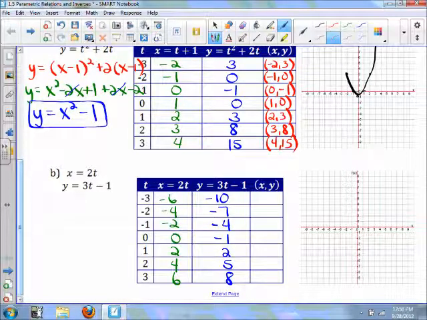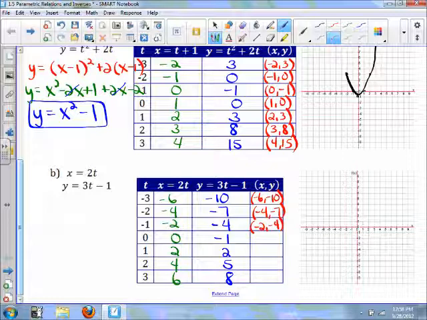So here's our ordered pairs: -6, -10, -4, -7, -2, -4, 0, -1, 2, 2, 4, 5, and 6, 8.